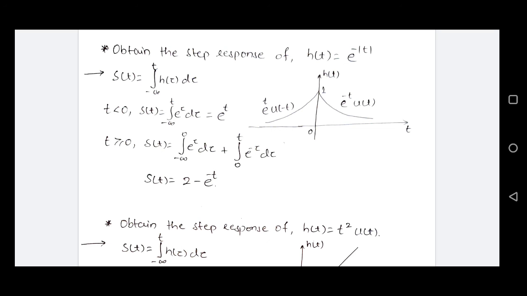And for t greater than or equal to 0, both side functions will be considered. So integration will be divided between both the values. Integration from minus infinity to 0 of e to the power tau d tau plus integration from 0 to t of e to the power minus tau d tau. If we simplify this, then the step response will be 2 minus e to the power minus t.